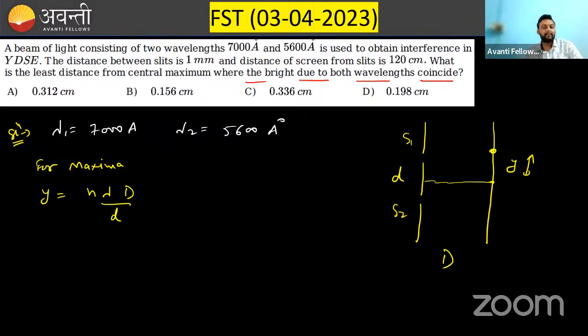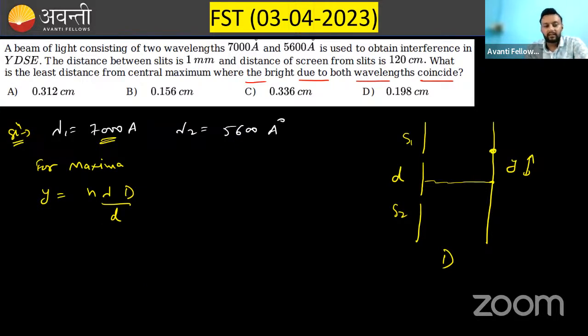Listen, this is n lambda D by d. Now, for 7,000 angstrom, lambda is more, and for 5,600 angstrom, lambda is less.